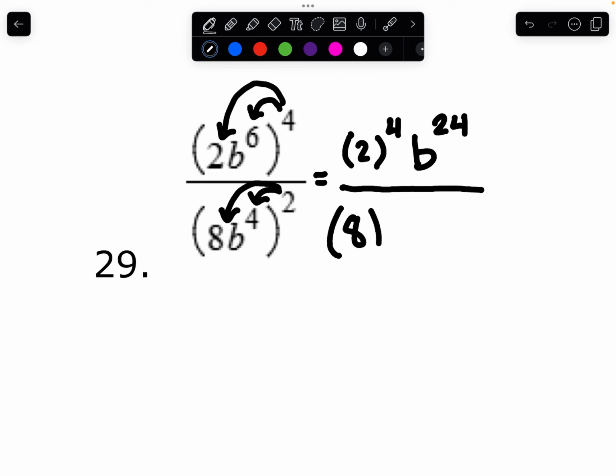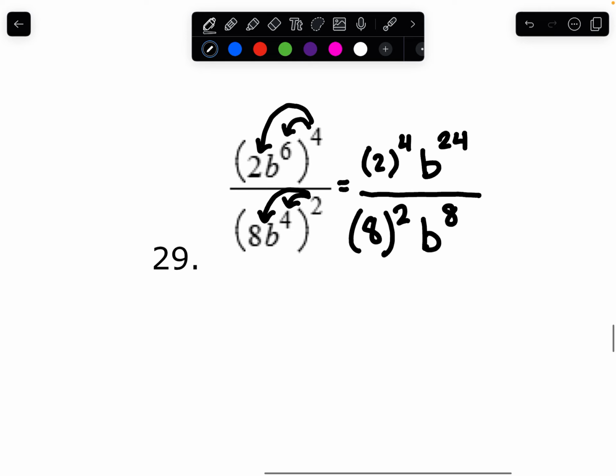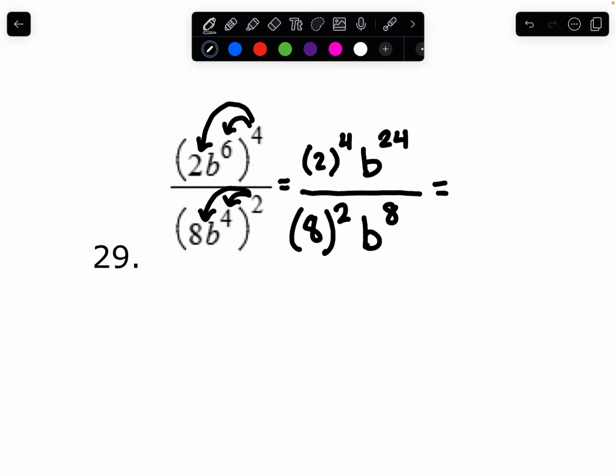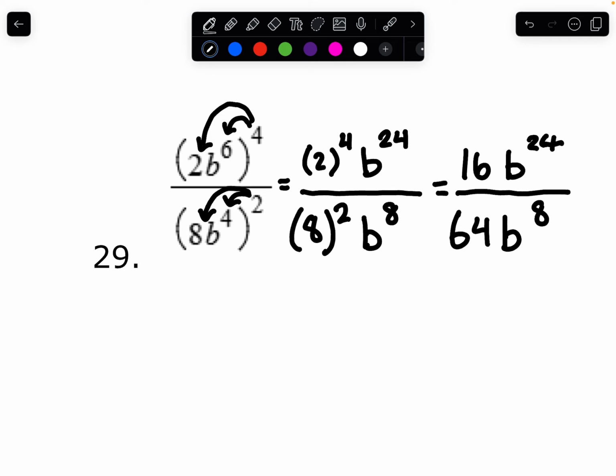So I have 8 squared b to the 8th power. And so if I do 2 to the 4th power in my calculator, I have 16 b to the 24 on the top. And then 8 squared, I know in my calculator, is 64 b to the 8th.